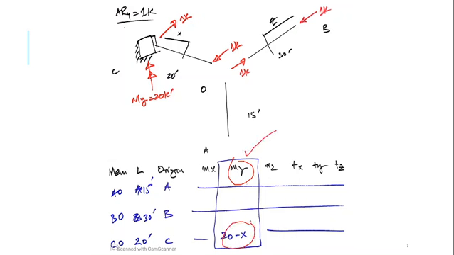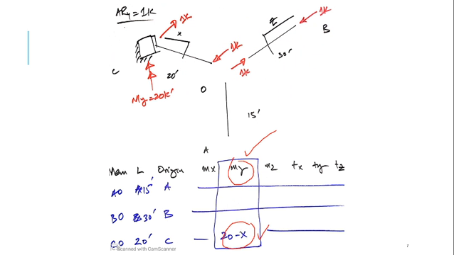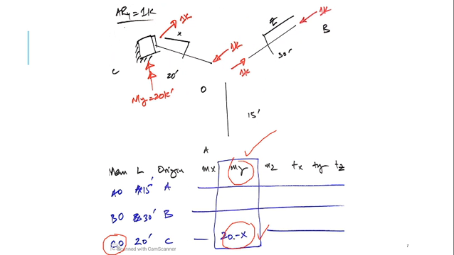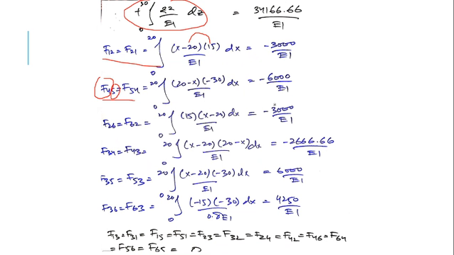If I have the moment in the same column and in the same row, I can multiply both these values. Otherwise I cannot multiply any other thing. So 20 minus x can be multiplied with 30 because they are both under MY and they are for the CO. So you can see 20 minus x would be multiplied with 30 here.